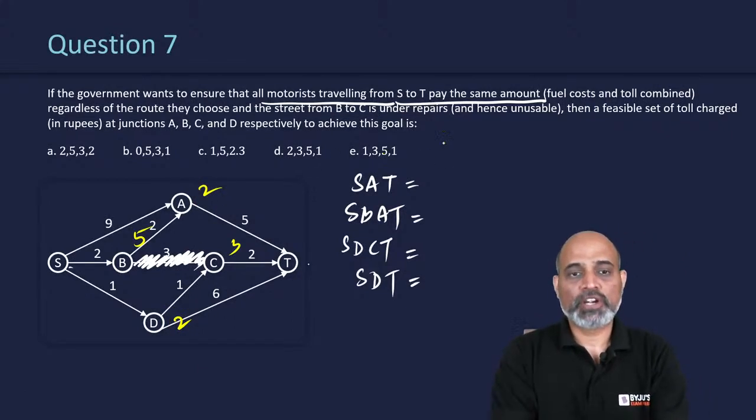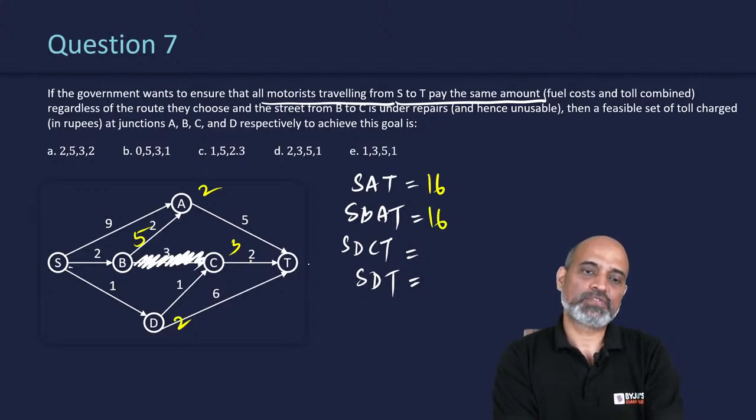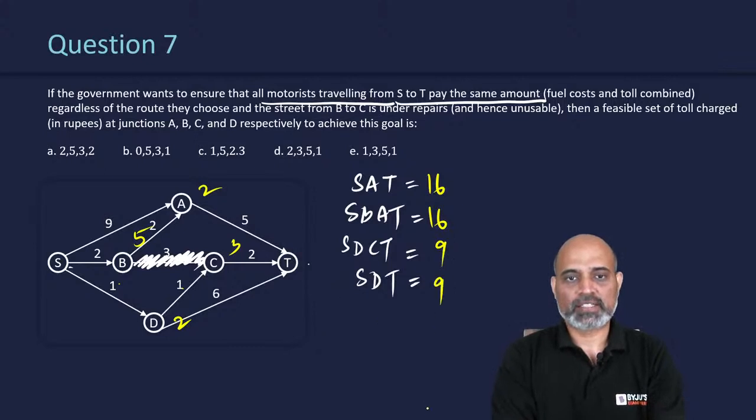So SAT is going to give you 9 plus 7, 16. SBAT is going to give us 10 plus 6, 16. SDCT is going to take us 5, 6, 7, 8, 9, and this is also going to take us 9. Right? So this is equal and this is equal.